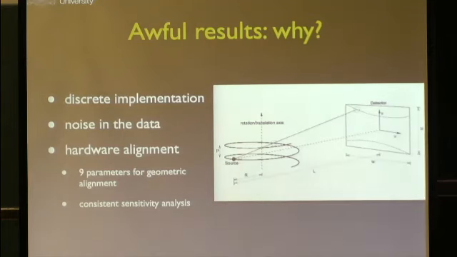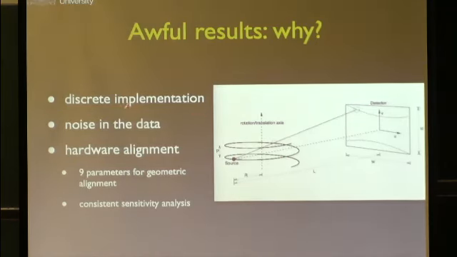There are a few things it could be. Of course, the inversion formula is derived in a continuous manner, so there are discretization issues. Now, there are several papers on how to implement this, and we're not really pushing any boundaries there, so that should not be an issue.